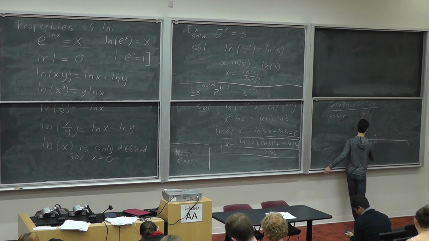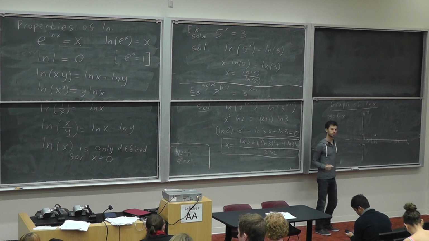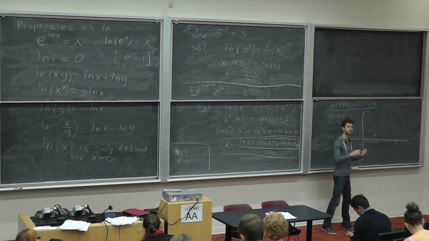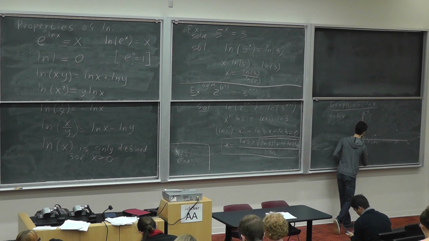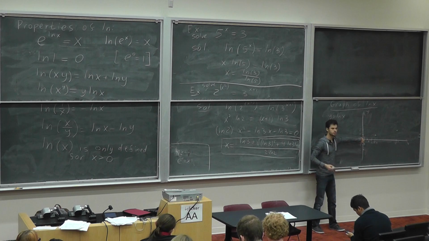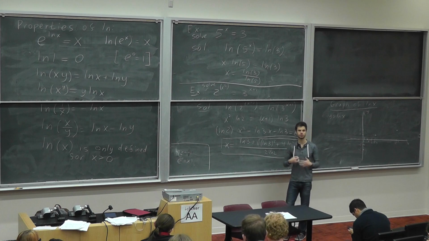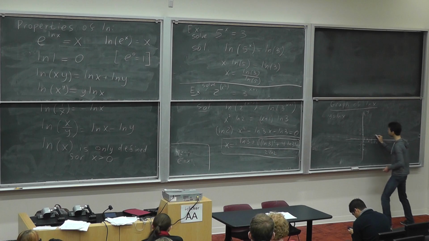So somewhere here, a little bit smaller than 1/2, but larger than 1/3, is 1 over e. Then you have e to the negative 2, so 1 over e squared, somewhere here, you'll get minus 2. And then you'll get smaller and smaller values, with values -3, -4, and so on. It will be 1 over e cubed, 1 over e to the 4th, and so on. So overall, the shape is like this.